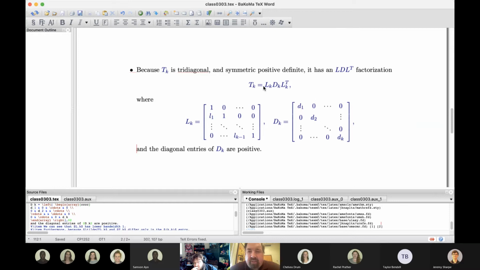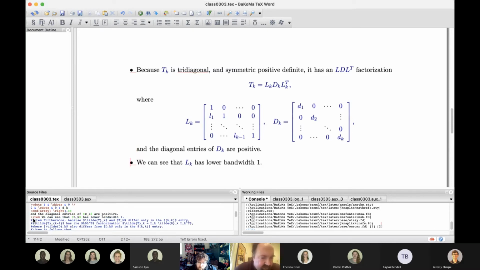So here we have an Ldlt factorization where L is unit lower triangular, D is diagonal. Because it's tridiagonal, TK has lower and upper bandwidth equal to 1. So as you dealt with on homework 2, LK has a lower bandwidth of 1 also. So LK is just 1's down the diagonal, and then some numbers in a subdiagonal, everything else 0. And then DK has these diagonal entries here. And because it's symmetric positive definite, all of these are positive. And as I just mentioned, lower bandwidth 1. And that's going to be helpful to us too.